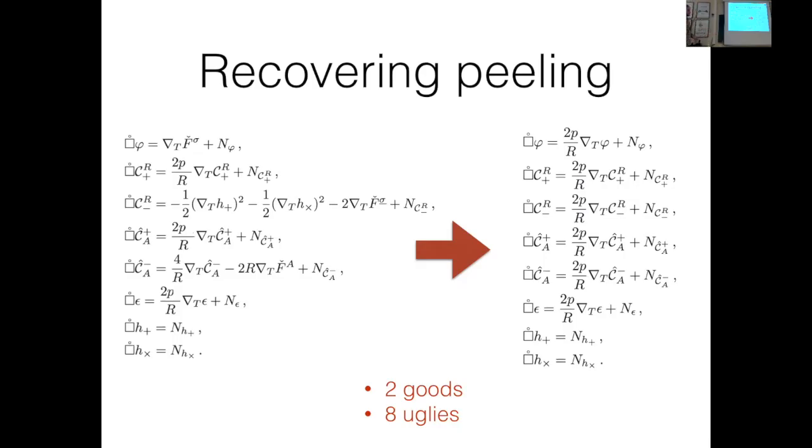Say you're free to choose p, so why not choose it to be 10? Then it already prevents any logs from appearing in the leading order of the Weyl tensor. And so by choosing carefully the gauge and the constraint addition, you can recover peeling. That's the point of this work, which should come out very soon.